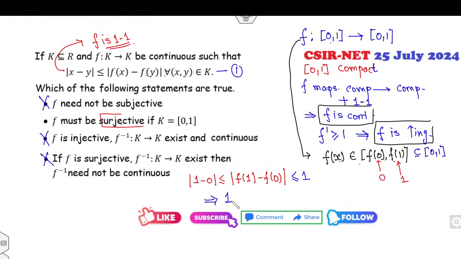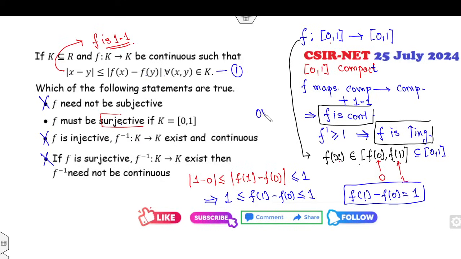So what does it mean? Since the endpoints are same, you can say f of 1 minus f of 0 is 1. So what is the possible case? It is 1 and 0, because it's an increasing function, it's a 1-1 function, so that's why this is onto. So the right answer is B, the correct option.